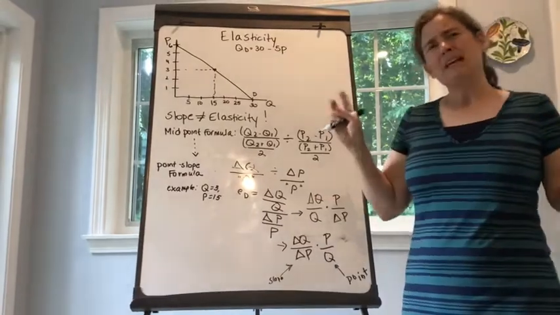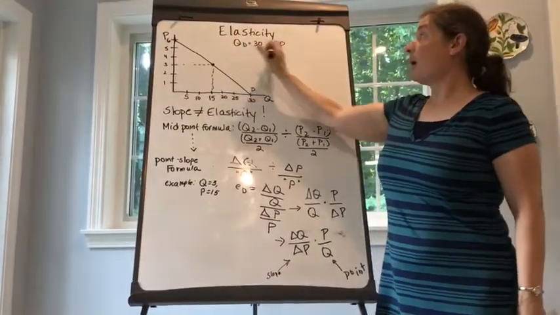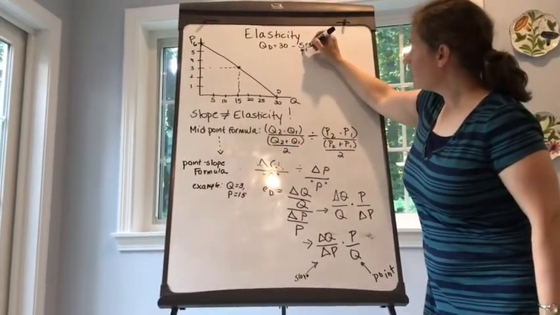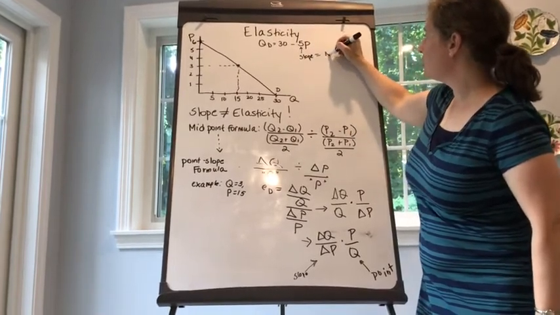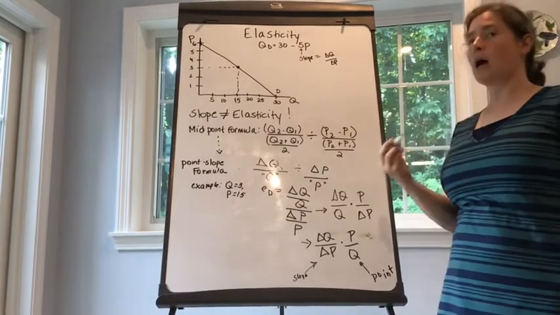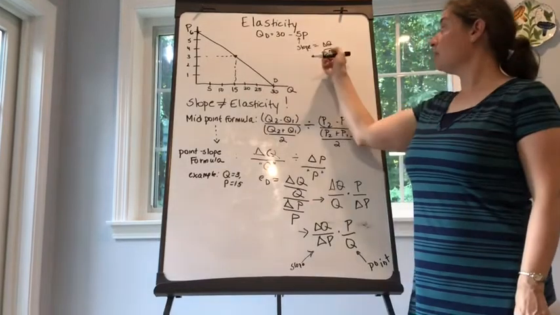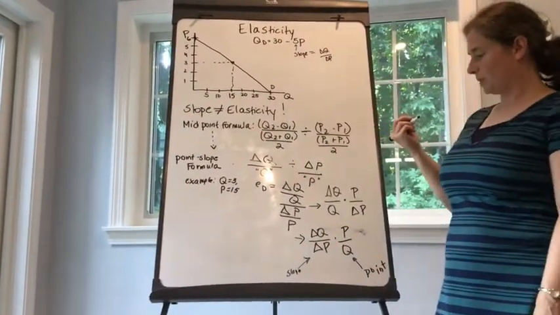So this is a little bit fast and loose with the slope. But notice, when I write my demand equation in this format, this is my slope coefficient, and it corresponds to the change in quantity, which is in the dependent variable's place, divided by the change in price, which is in the independent variable's place.